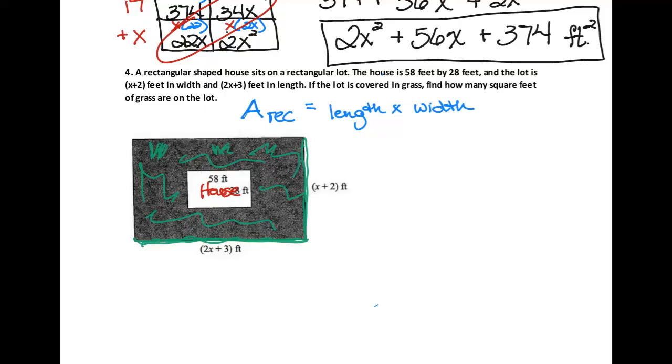So how would I find the area of this grass, of this yard? Any ideas? Use the house. How should we use the house? We want to find the yard, right? Well, how big is the yard?